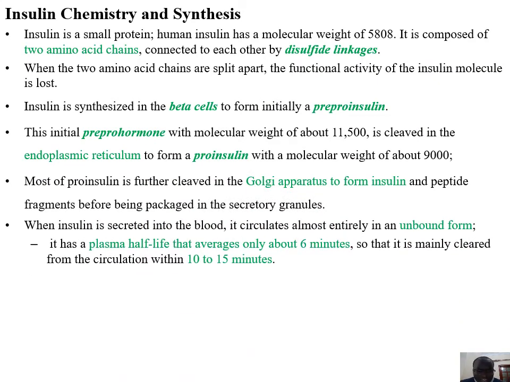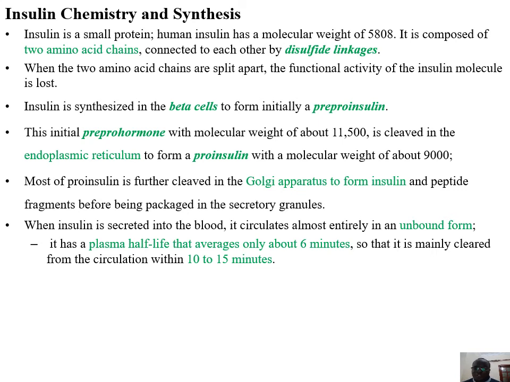When insulin is secreted into the blood, it circulates almost entirely in unbound form, meaning that it's not binding to any plasma proteins. It has a plasma half-life that averages only about 6 minutes. So when insulin is released, it's only going to survive about 6 minutes in its functional form.